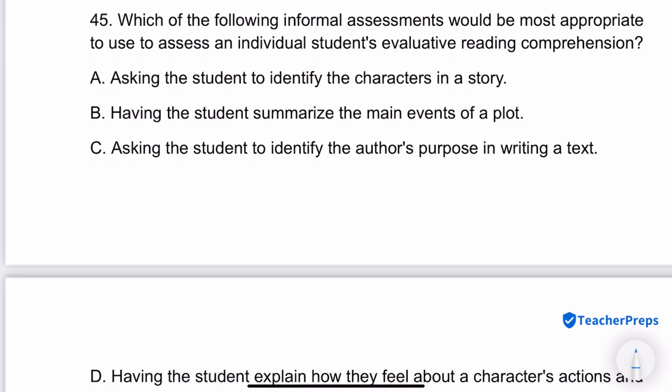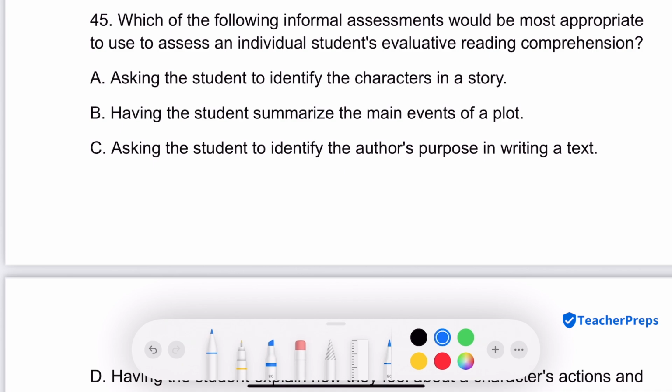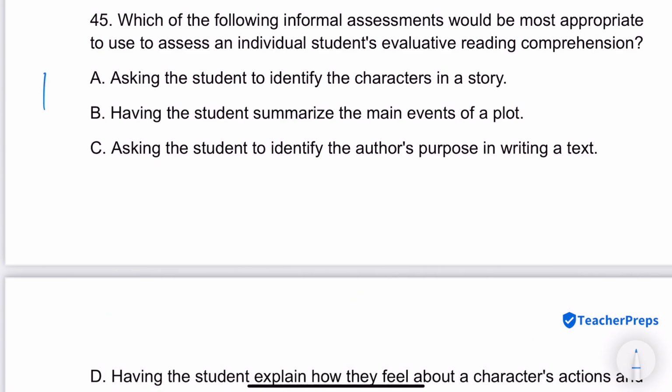Excuse me. All right. So, looking at number 45 again. All right, we are asked following informal assessments. Oops. One second here. Why can I not write? There we go. Okay. Drag that back over.